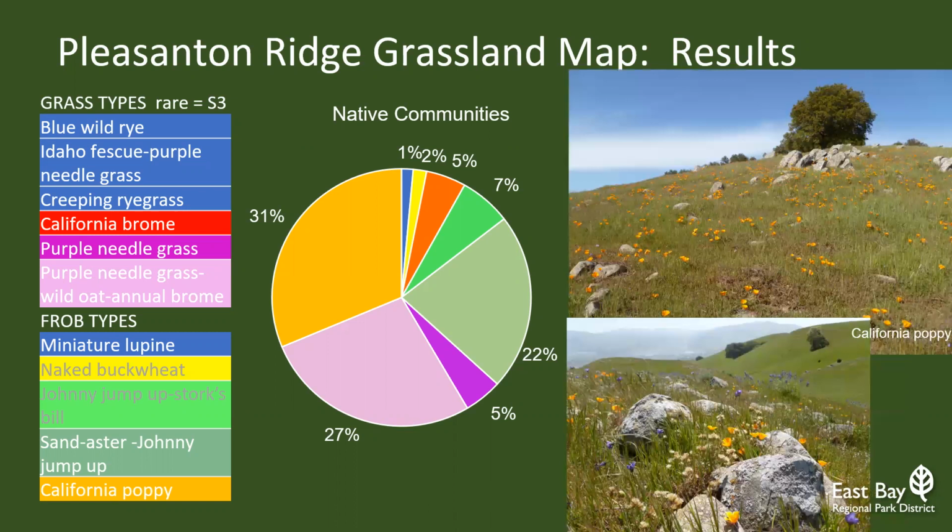And lastly, we mapped a poppy community. This community was associated with rocky sites, and the poppies really indicated the presence of other perennial wildflowers. So it was just a really showy type.